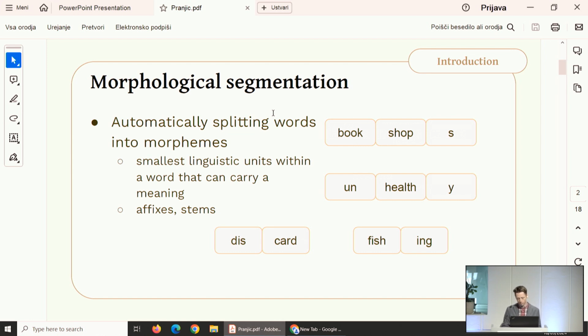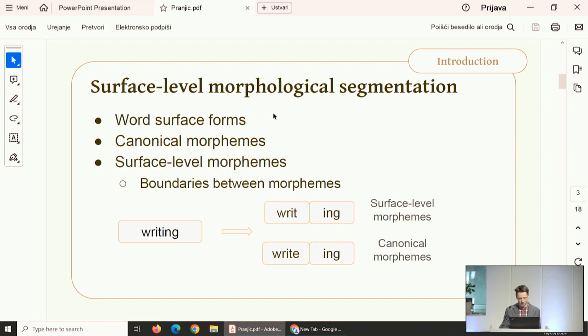In related work in computer science, it is basically the development of a system that can automatically split words into morphemes. So we present a word to the system, and it returns some segments of this word that have separate meanings. Although this is probably completely clear for all of you here, it was something I had to learn when starting on this.